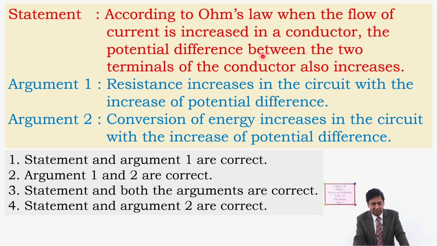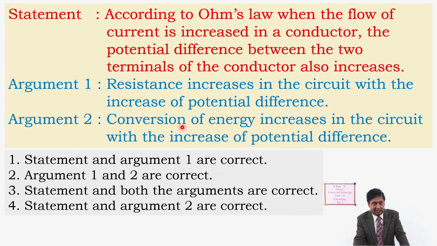Long sentence, but the gist of the sentence is I is directly proportional to V. If current is increased, potential difference also increases, which means this is correct. Potential difference increases with the current and current increases with the potential difference, and this is Ohm's law, and that's why this is correct.